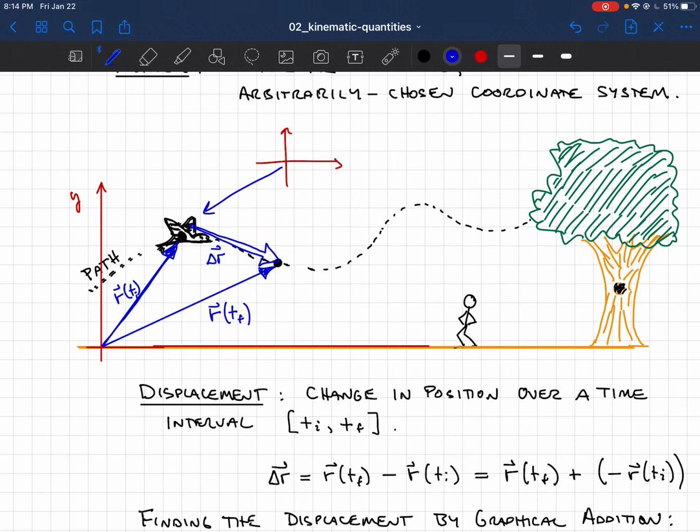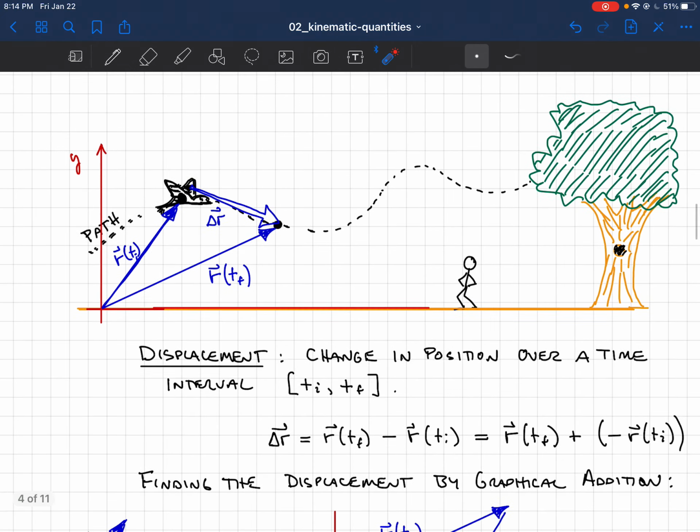We could have had an R1 and an R2 like this, and we would have found exactly the same displacement vector when we did that graphical addition. So the displacement no longer depends on this personal choice of coordinate system. And that's nice because we don't want physics to depend on some choice that the physicist makes when doing the experiment or the observation. So it won't.